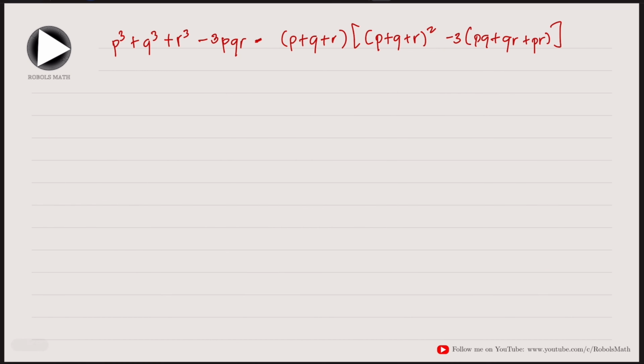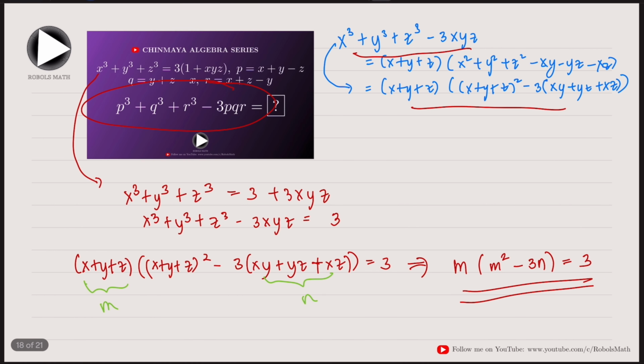So the goal now for the rest of the steps is to express this in terms of this one. Because they look very similar, perhaps they have a connection somehow. So we'll try to do that.